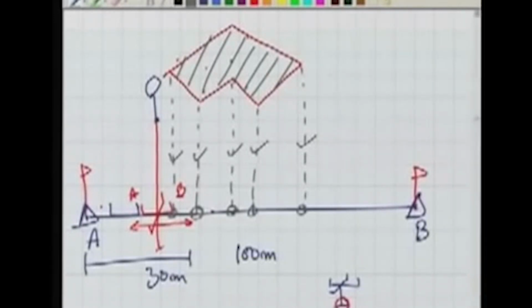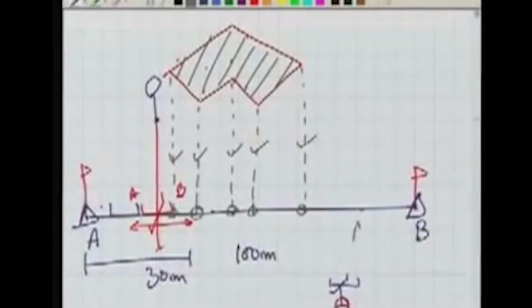The other job, this was dropping a perpendicular. The other job which can be done by the cross staff is erecting a perpendicular. For example, let us say there is a point here D, and you want to erect a perpendicular from D. What will you do? Again, it's a similar way.